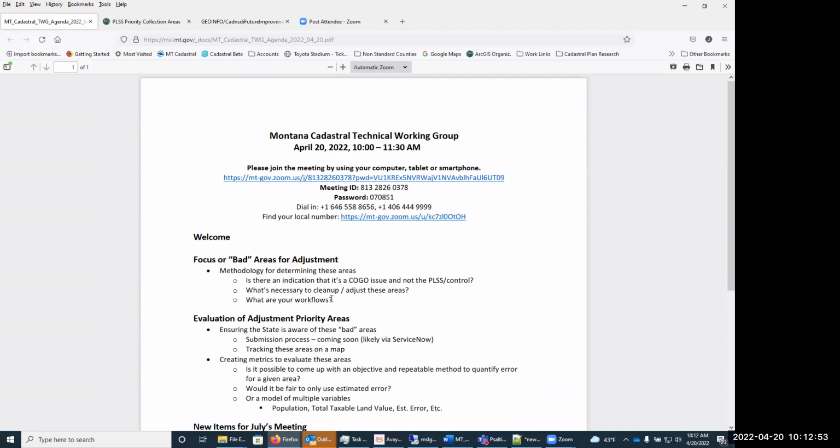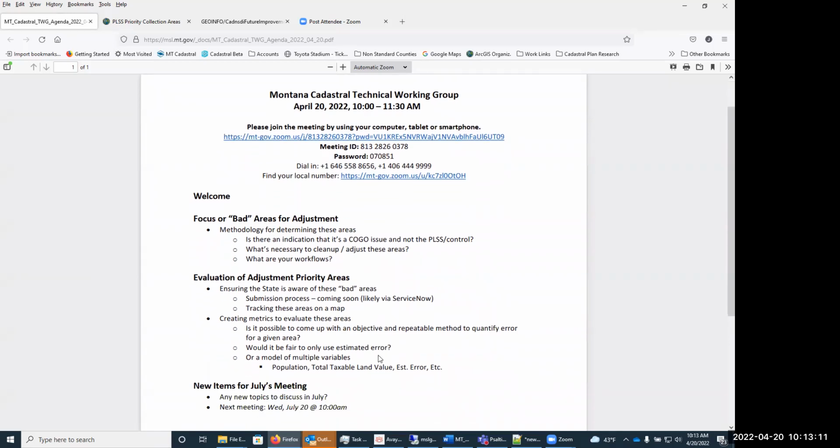But there are a number of areas that actually just need to be redrawn from the original surveys. They don't need to be resurveyed. Okay, so you're talking about the cadastral land title lines, not the US PLSS. Right. Because sometimes you don't know if it's off because the PLSS is off, and from cadastral we draw the tax parcels to the PLSS so that when PLSS changes are made, it then gets fixed.